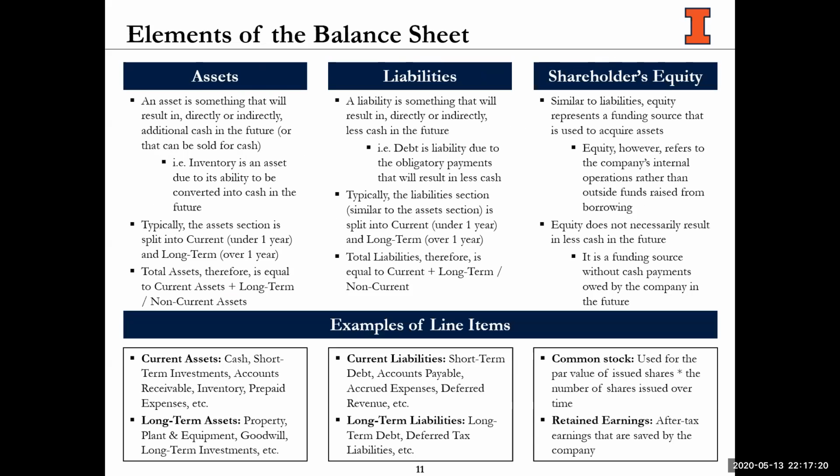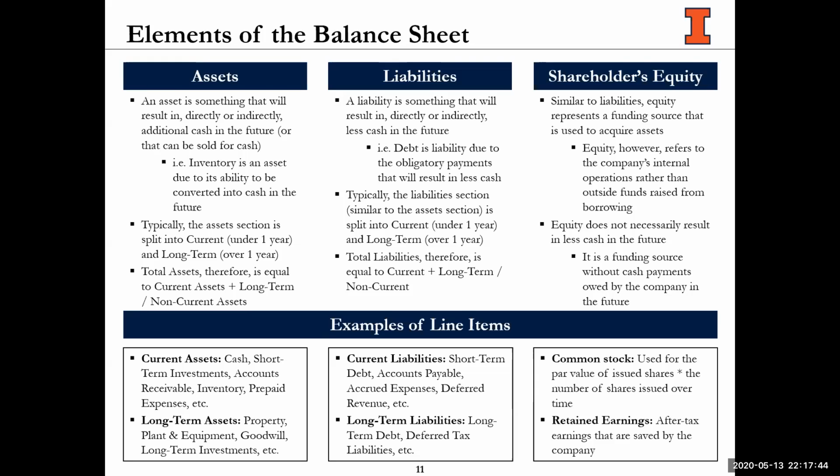So going a little bit deeper, an asset essentially is something that will give you cash in the future, has some financial benefit in the future. These are things like inventory, accounts receivable, and we do generally break all of assets and liabilities into current and long-term. It's really important to show your investors when you expect these potential benefits to actually provide them a benefit.